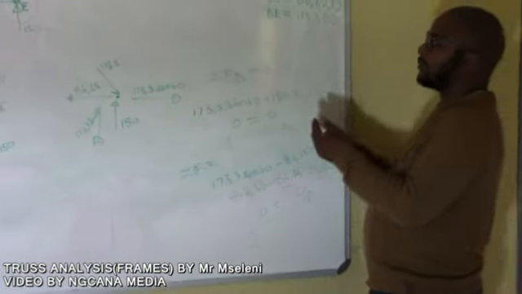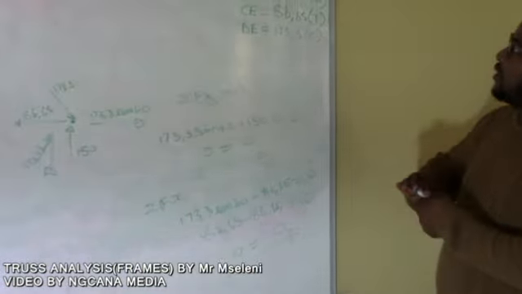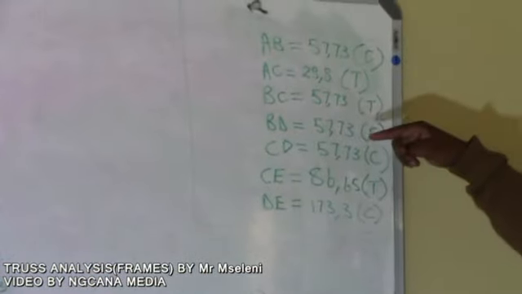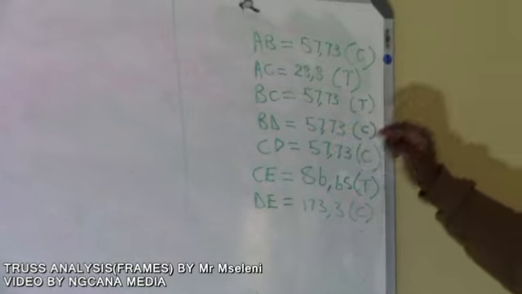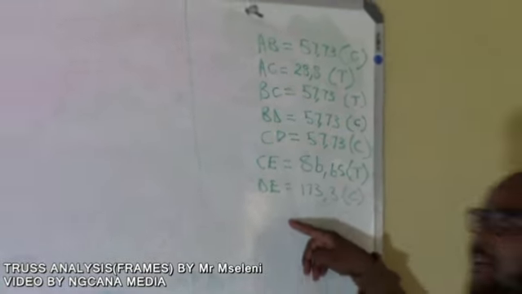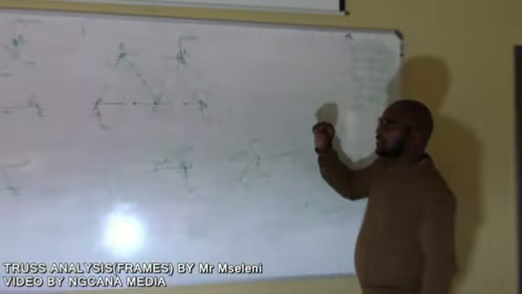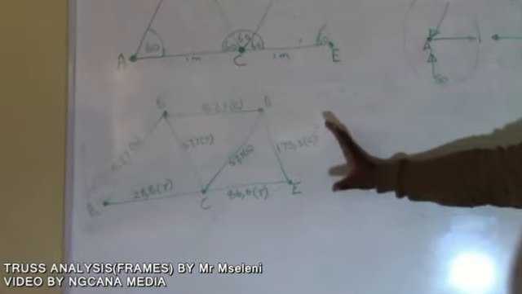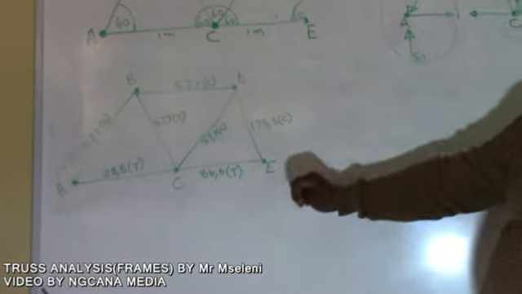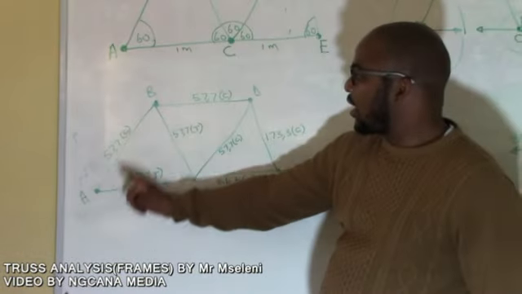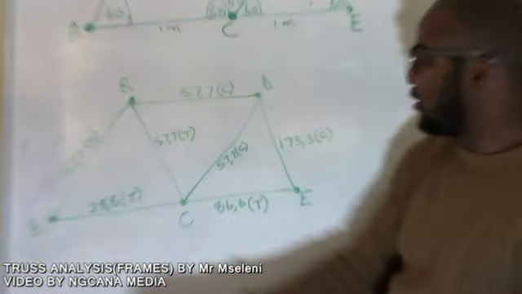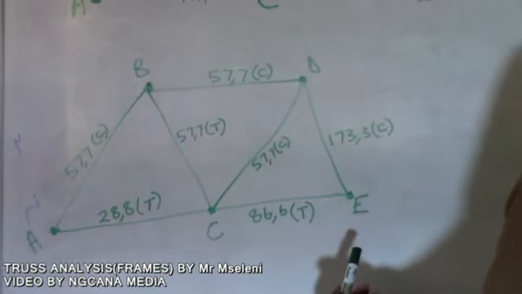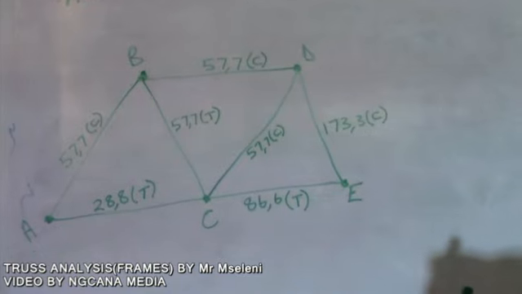When you are done with that, you will have your answers: AB, AC, BC, BD, CD, CE, and DE. You take all those answers and plug them into the final structure of the frame. You've got your AB under compression, then member AC, which is 28.8 newtons under tension.